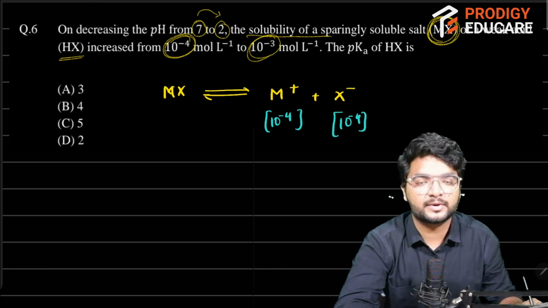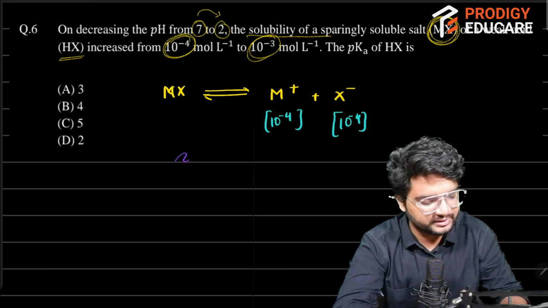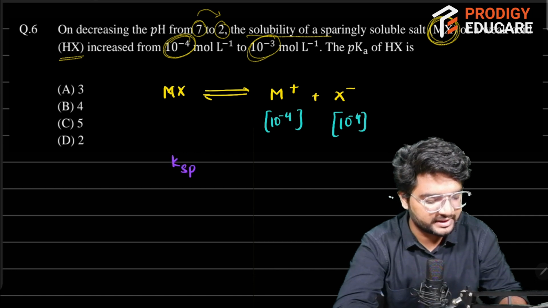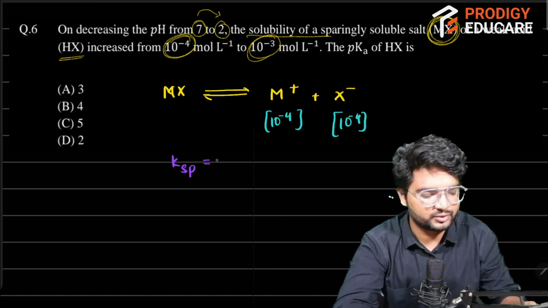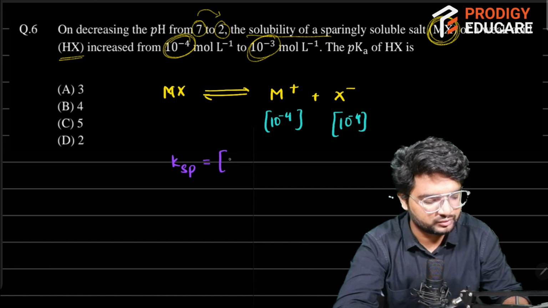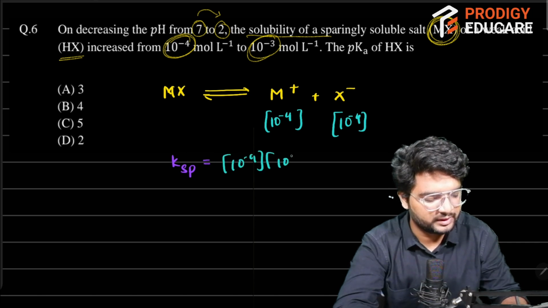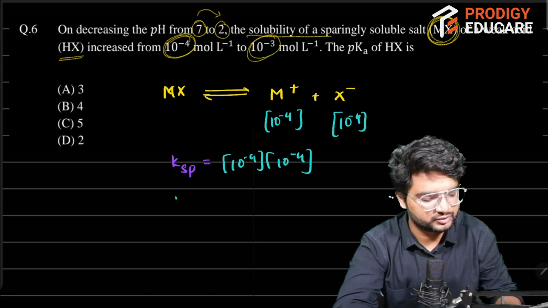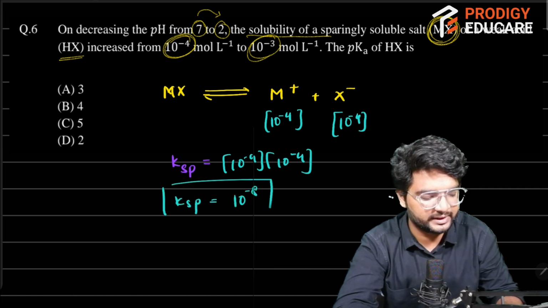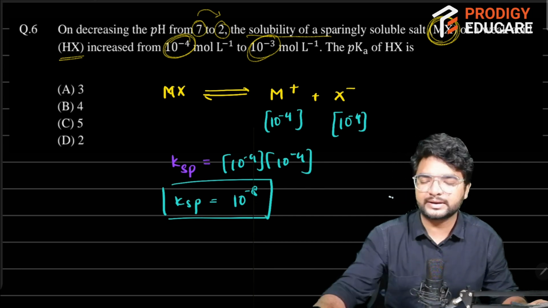Now if I have to calculate the solubility product, which is KSP, I have to multiply these two solubilities. So 10 raised to minus 4 and 10 raised to minus 4. So the KSP value which we'll get will be 10 raised to minus 8. Easy.